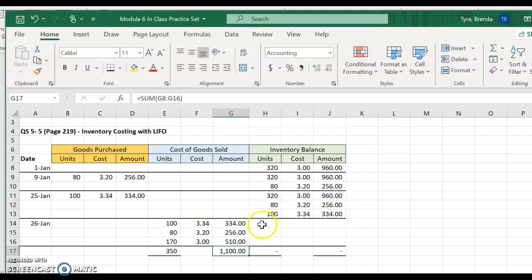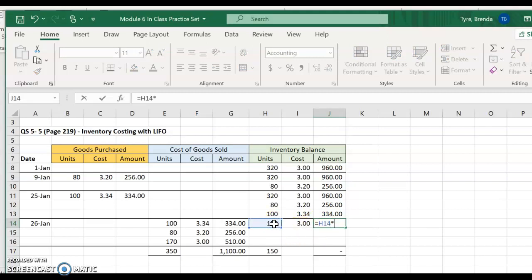So what I have left is in the oldest layer, the 320, minus the 170. I've got 150 units at $3. Ending inventory is $450, 150 units. Cost of goods sold is $1,100, 350 units.